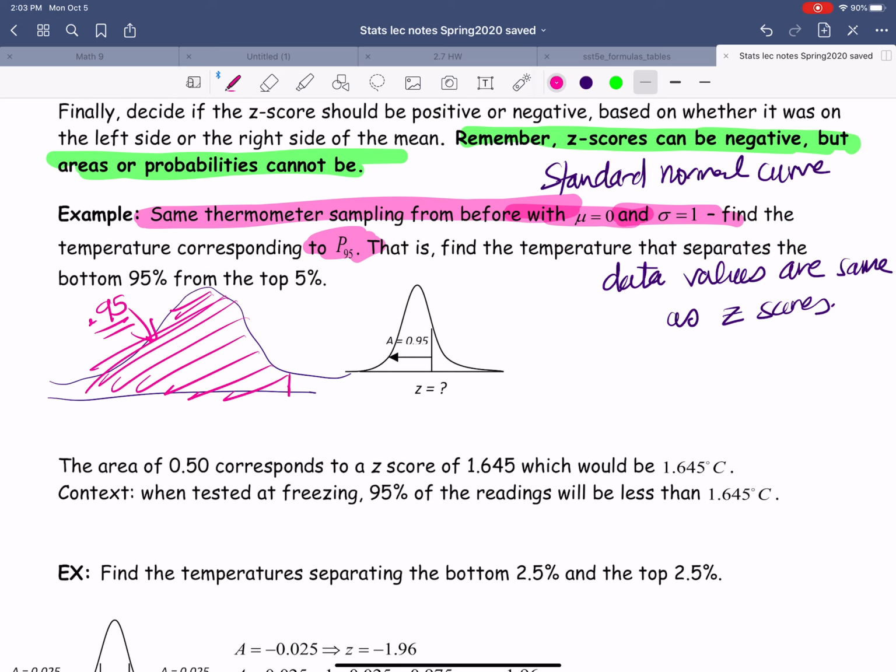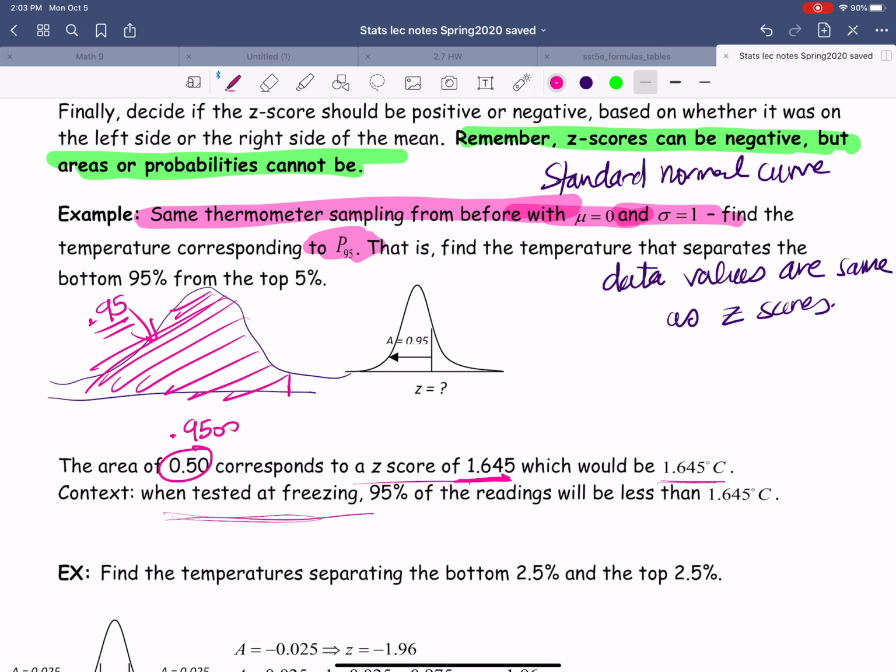So back to our notes, it turns out to be 1.645, and that's a typo, it should be 0.9500. The area of 0.9500, the 95th percentile, corresponds to the z-score of 1.645.